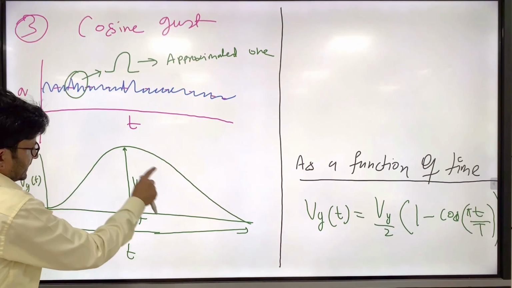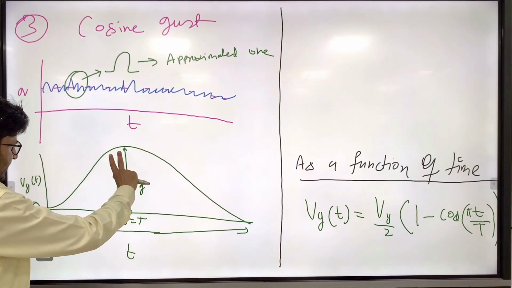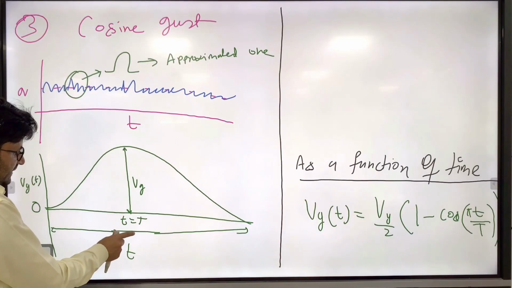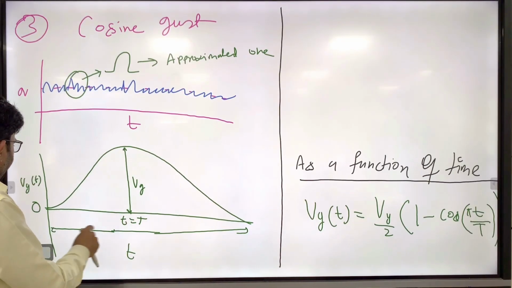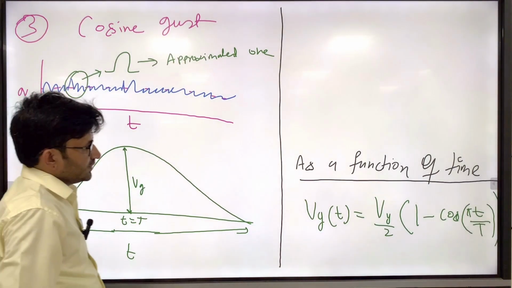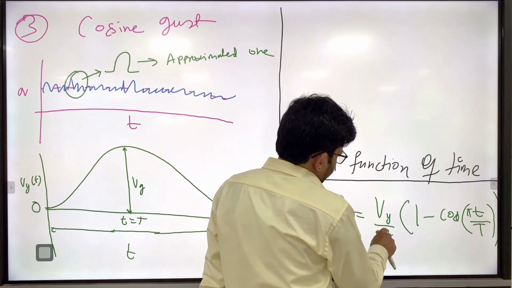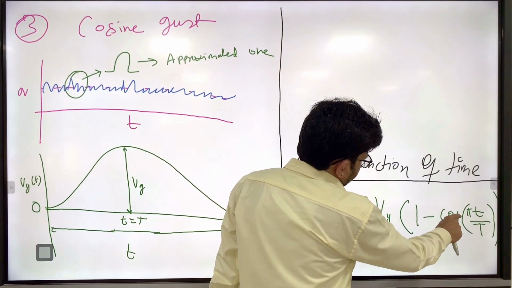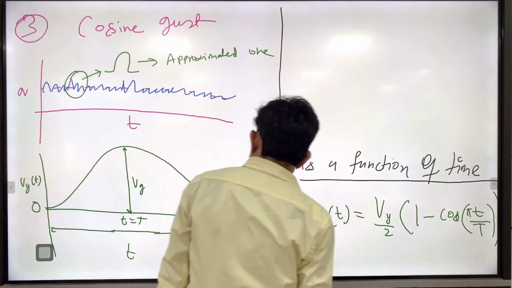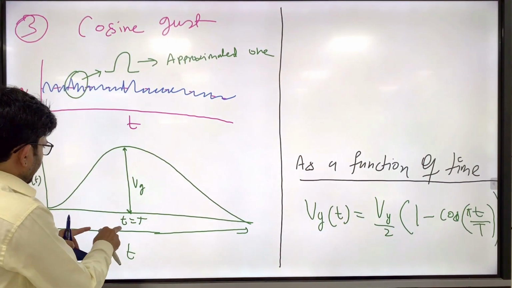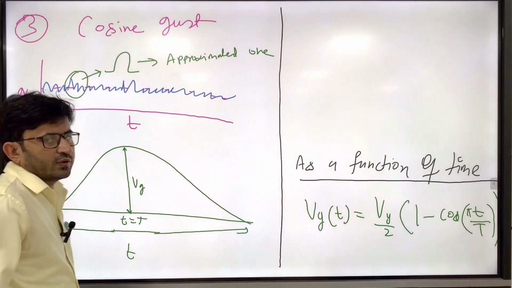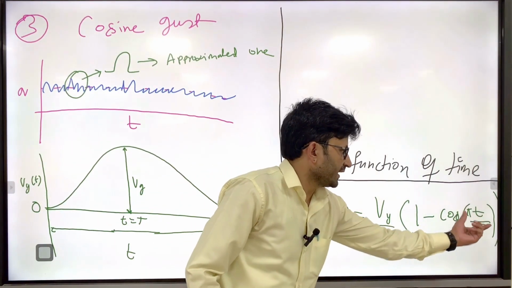You can write it as a cosine one, and this is the maximum amount, and on this axis you have time, and this is Vg as a function of time. So Vg as a function of time equals the maximum Vg by 2 times 1 minus cos of pi t divided by capital T. T is the time required to reach the maximum value. So this is what you have written in terms of time.